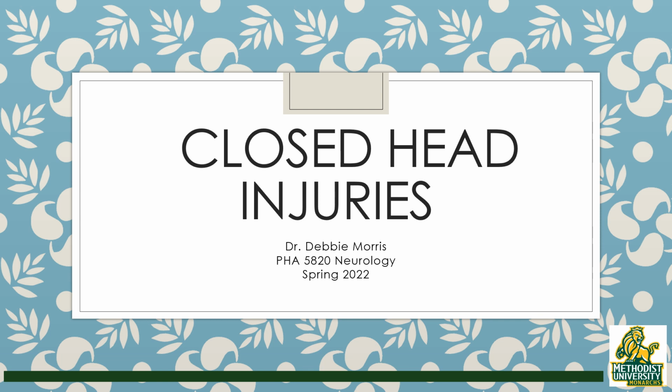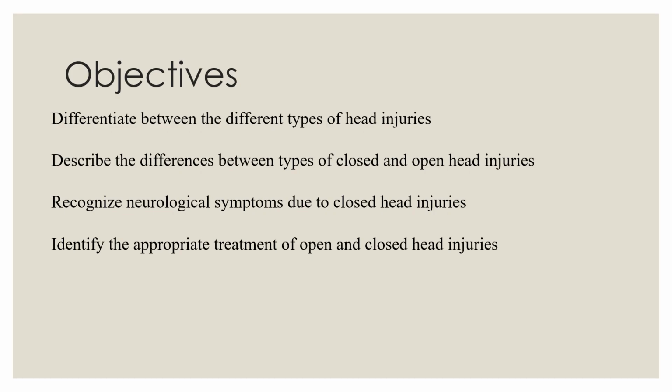And today we're going to be talking about an important class of neurologic conditions resulting from closed head injuries. We'll talk a little bit about other head injuries, but primarily we're going to be discussing what we call closed head injuries. And we're going to talk about the mechanisms, the types, and the consequences.